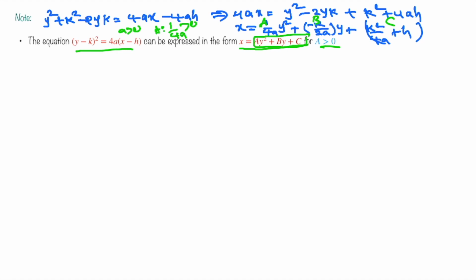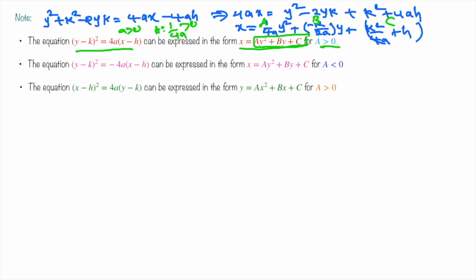Okay. Similarly, the equation y minus k whole square equal to minus 4a times x minus h can be expressed in this form, x equal to ay square plus by plus c, for a negative. This time the a will be negative. Next, similarly, the equation x minus h whole square equal to 4a times y minus k can be expressed in this form, y equal to ax square plus bx plus c, for some a positive.